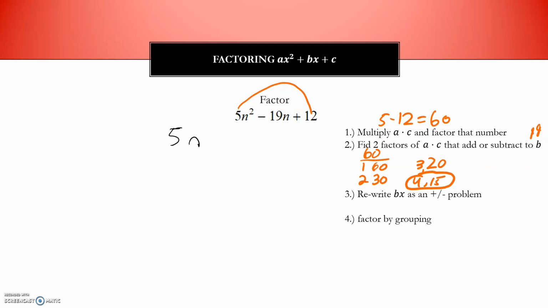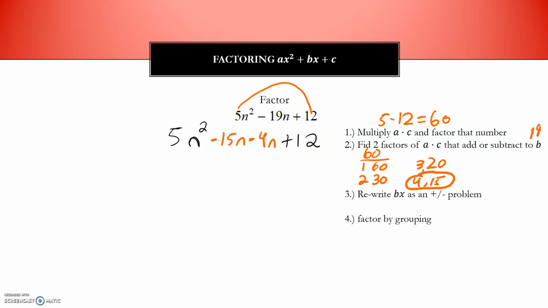So I'm going to take 5n squared, and again, I know that I'm using x in the directions. That's because that's the standard form, written with x. To get a negative 19, I would need both of these to be negative, right? Negative 15 and negative 4 make negative 19. Negative 15n minus 4n and plus 12.